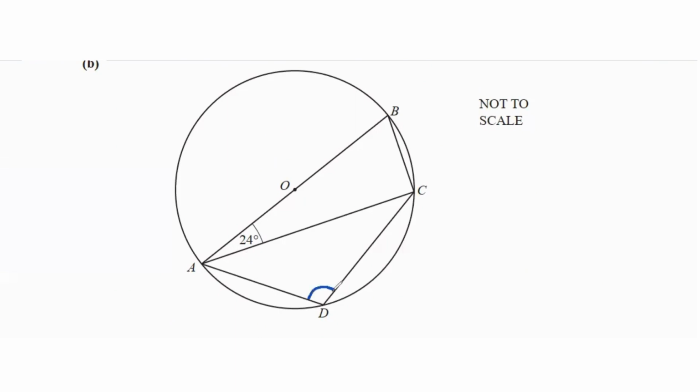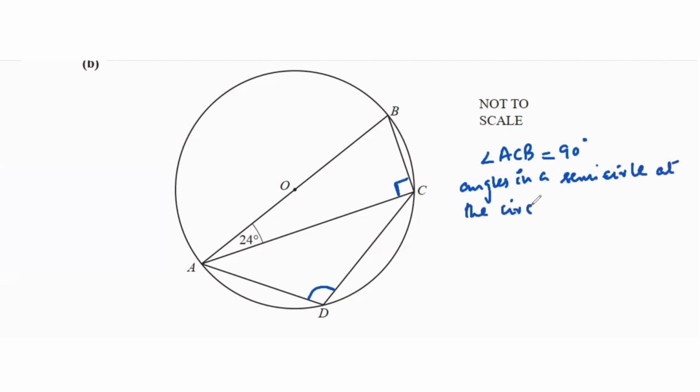So ADC is this one. If this is the diameter and we have an angle at the circumference, so this is 90. Angle ACB is 90, because angles in a semicircle at the circumference equal 90 degrees.